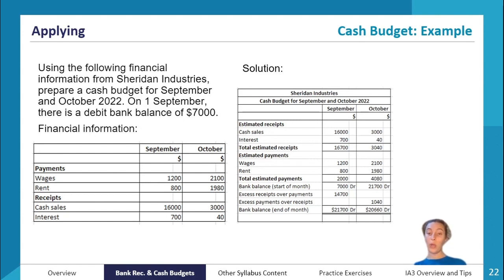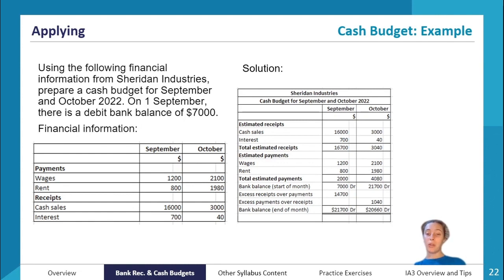And we think which one's higher, which one's lower. If the receipts is a higher figure, then that means we've got excess receipts over payments, and then vice versa. So we can see it's the opposite in October, where we've actually got more estimated payments than we do receipts. And that's why the 1,040 is in the excess payments over receipts row in that October column.